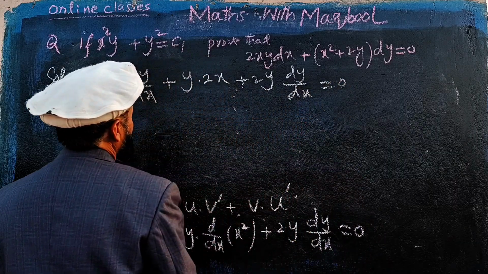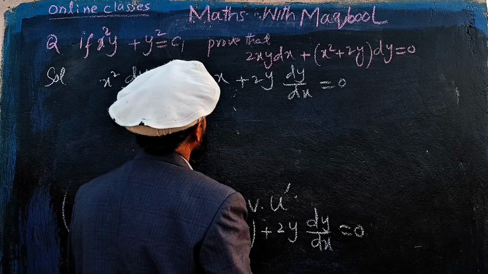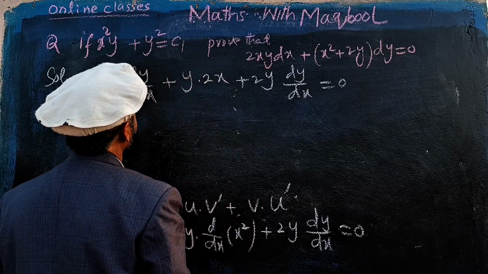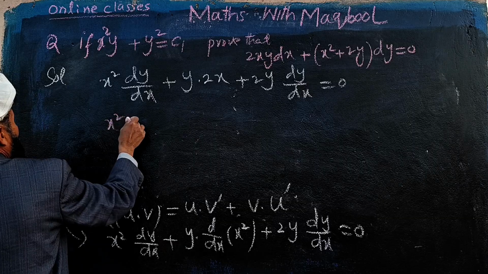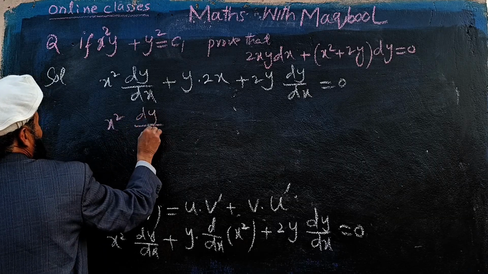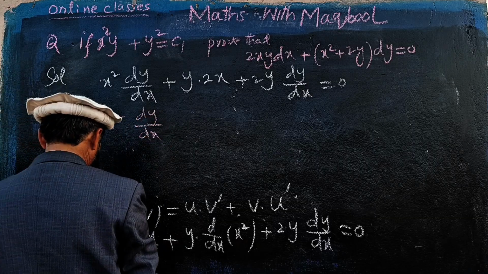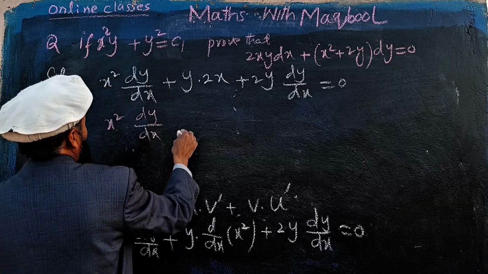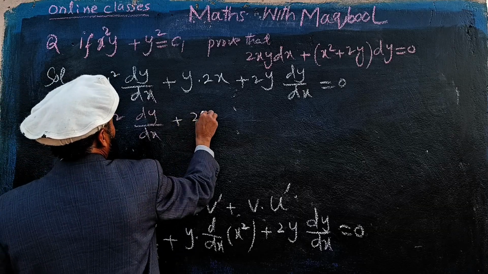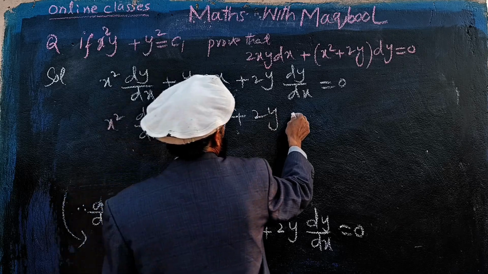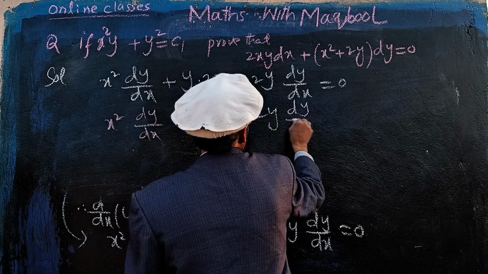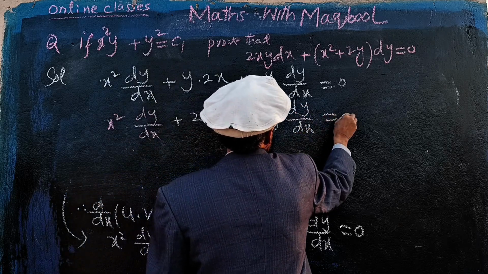Now we arrange this: x square dy by dx plus 2xy plus 2y dy by dx is equal to 0.